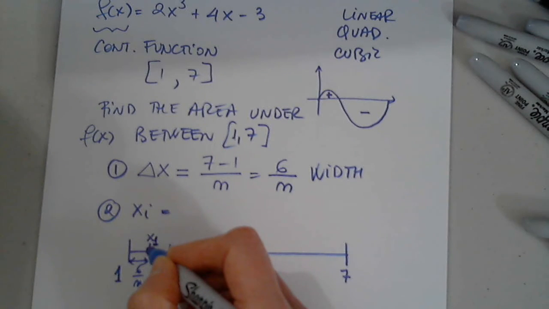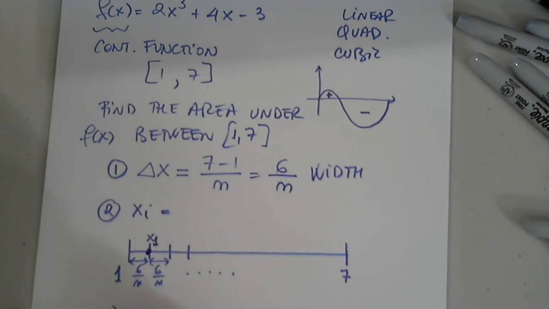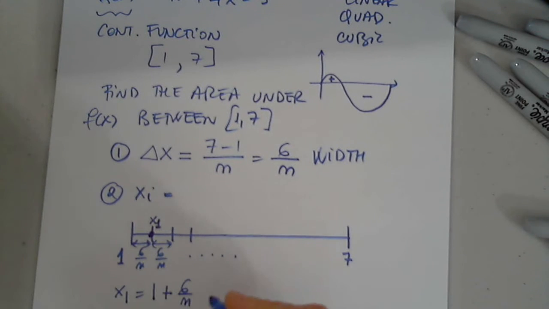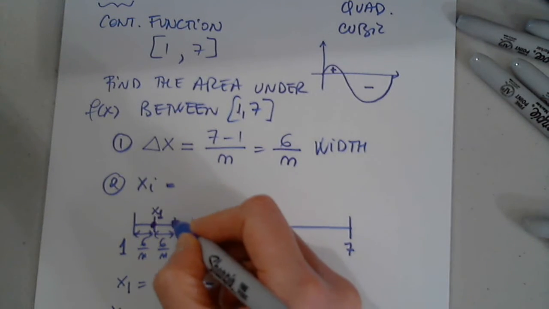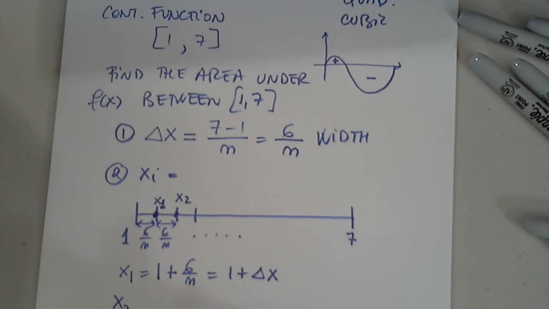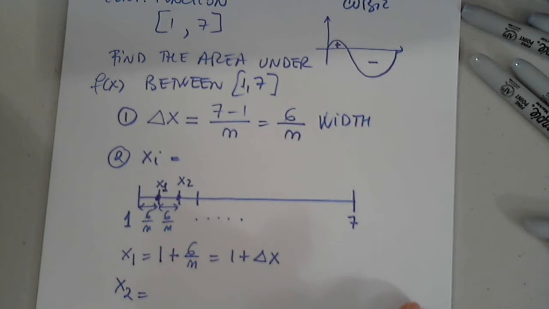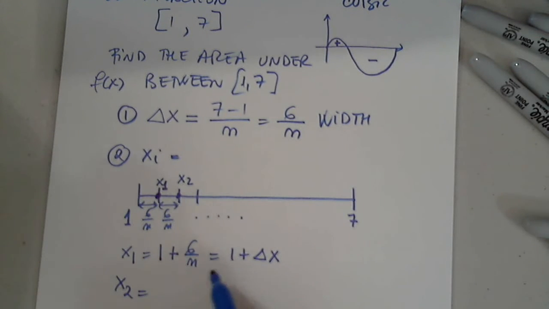So how do I determine x1? Well, x1 is 1 plus 6 over n. In other words, 1 plus delta x. x2 is right here. What does x2 equal to? Obviously 1, but twice delta x. 1 plus delta x plus another delta x.